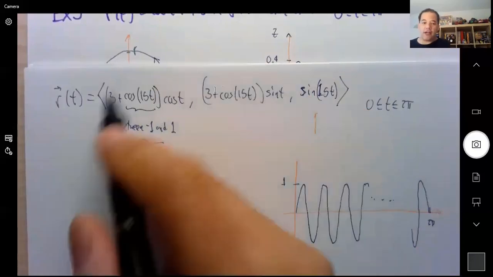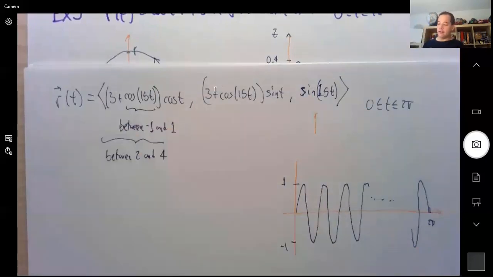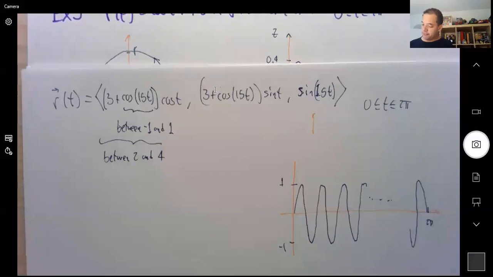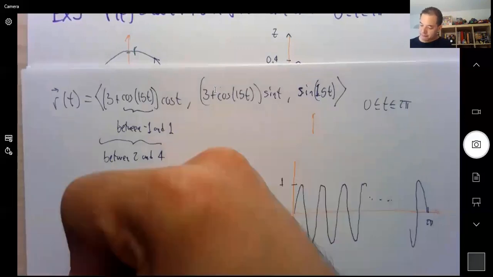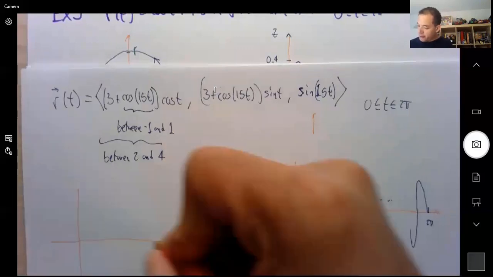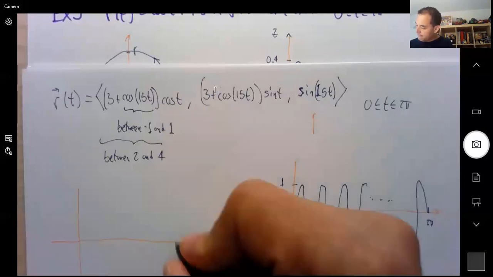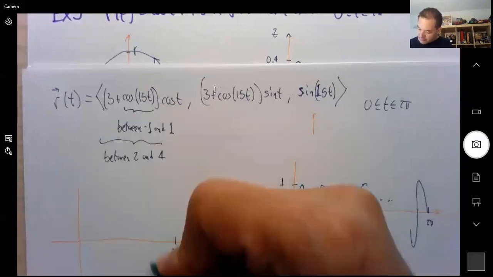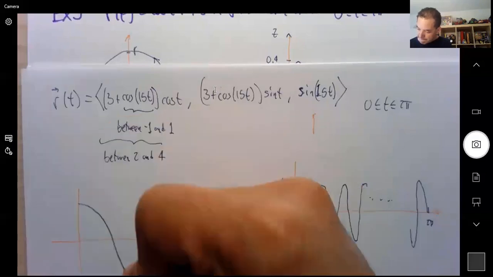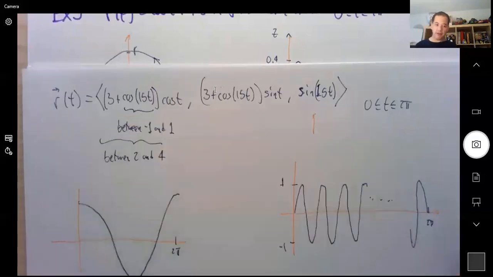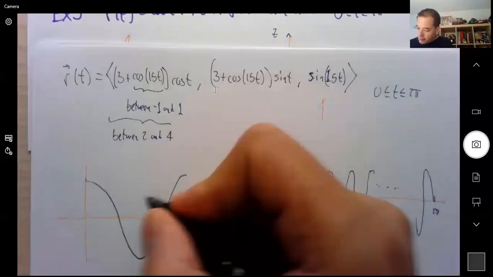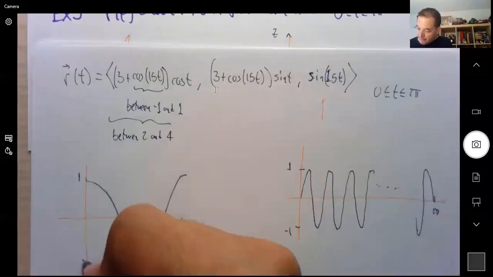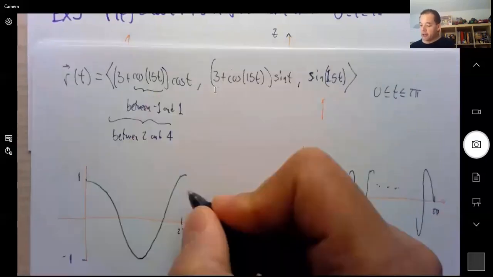So the x coordinate is kind of like the regular cosine function. The regular cosine would look like that, where this is 1 and this is -1, but it's not the regular cosine function.